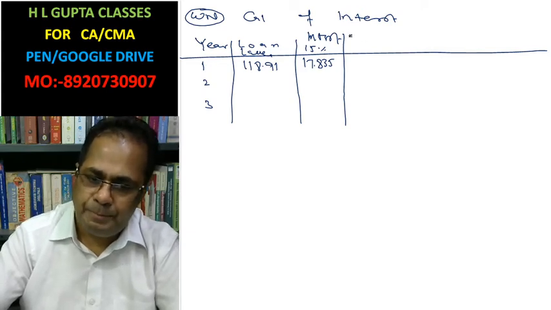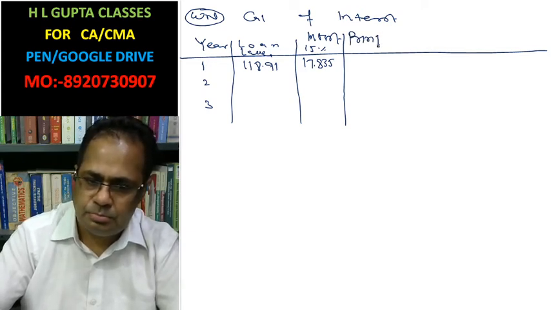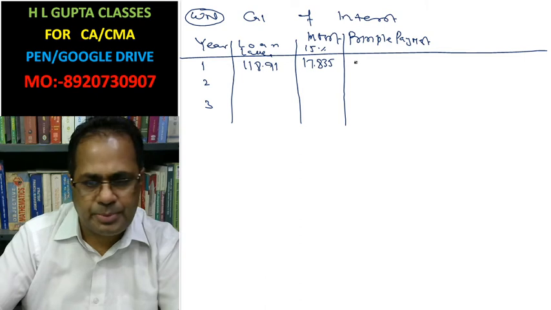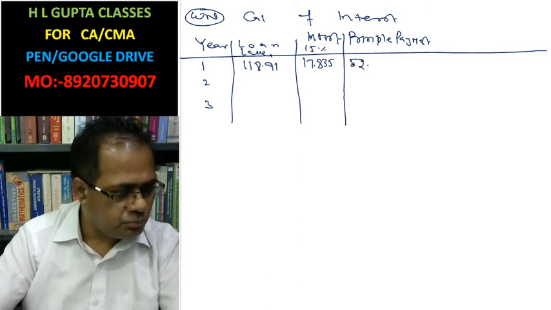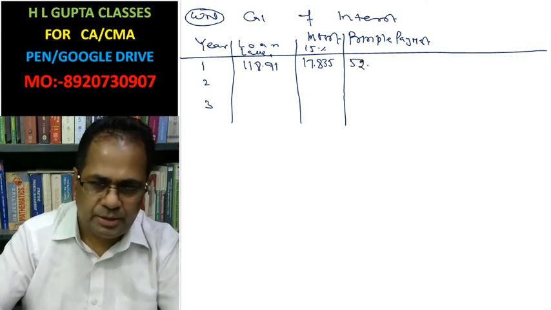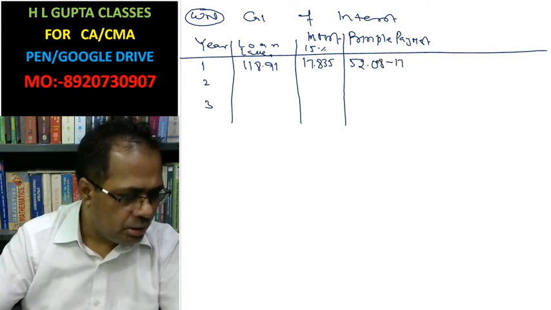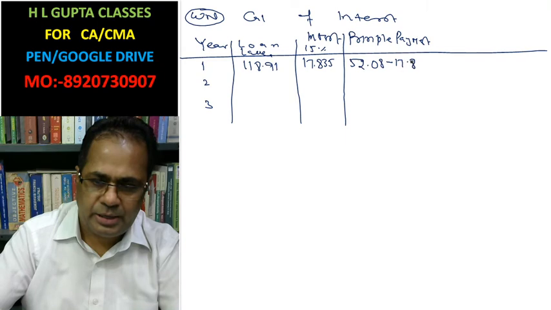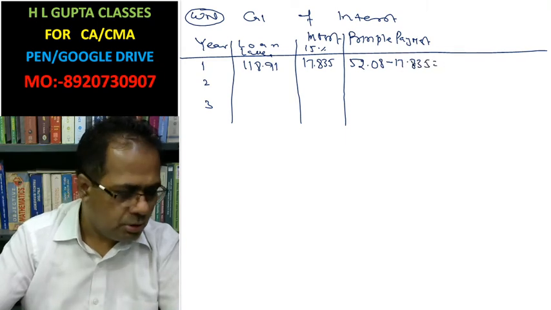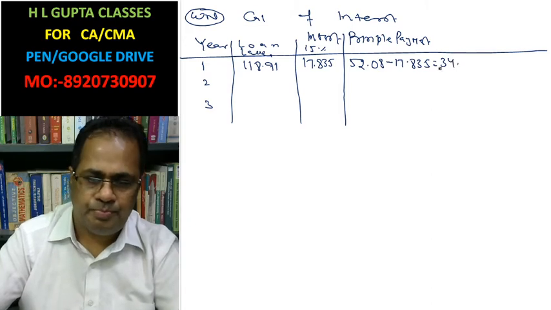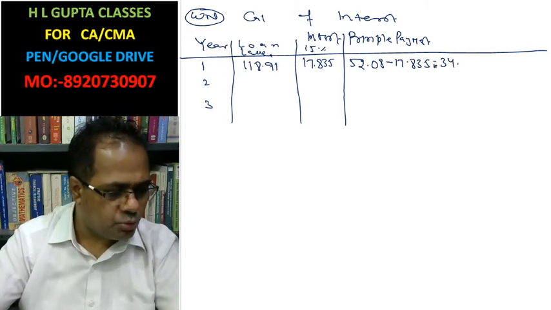Principal payment. Whole year installment is 52.08 minus 17.835. Now principal payment is 34.245.